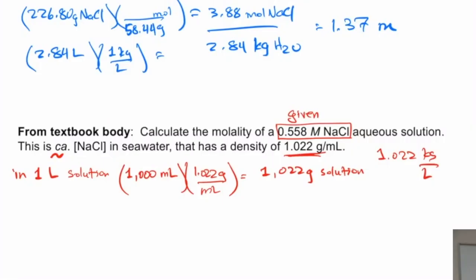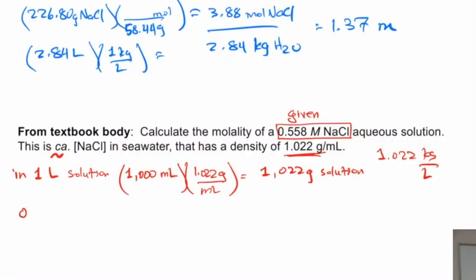Okay? Now I want the mass of the solvent. I don't want the mass of the solution. But we also know how many moles of salt are dissolved for every liter. That's what the molarity tells us, right? So how many moles of NaCl are there in 1 liter? 0.558, yes.